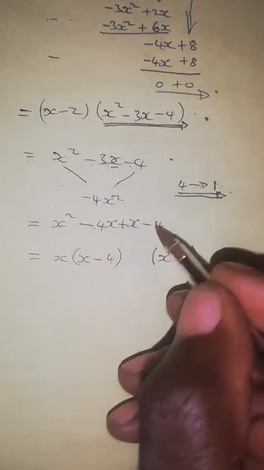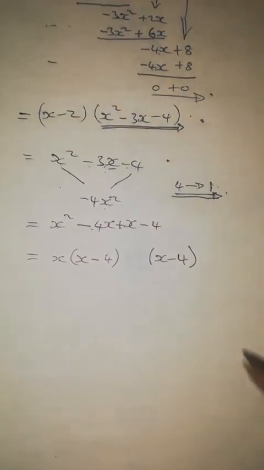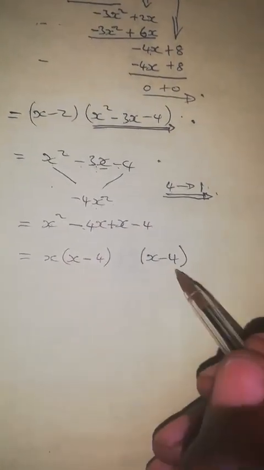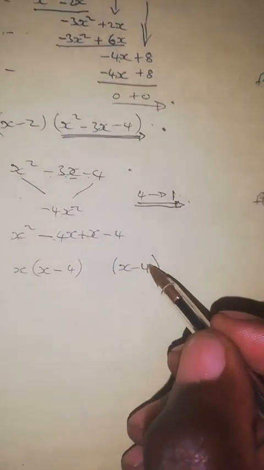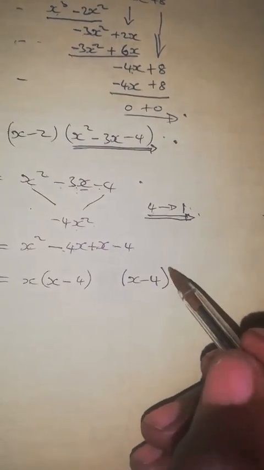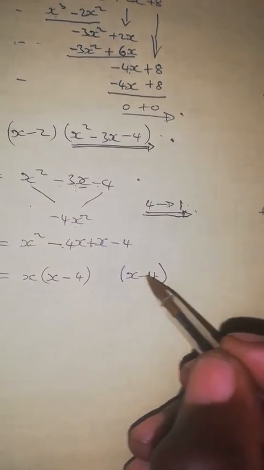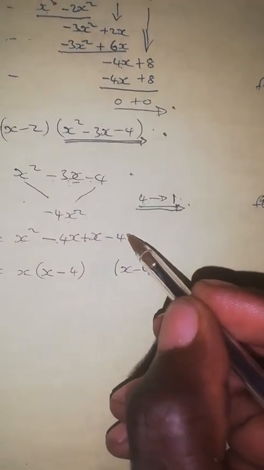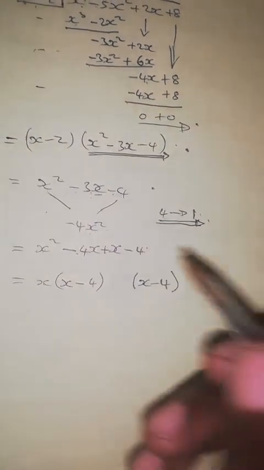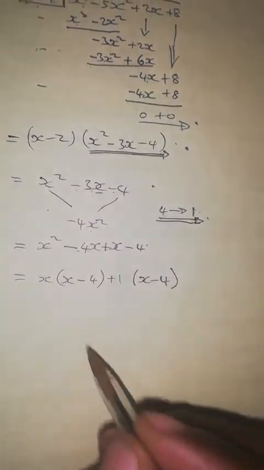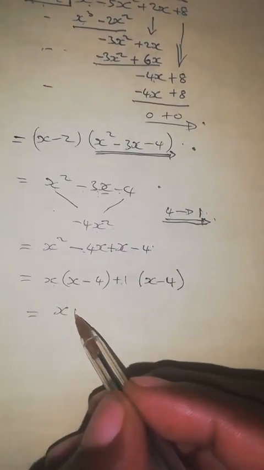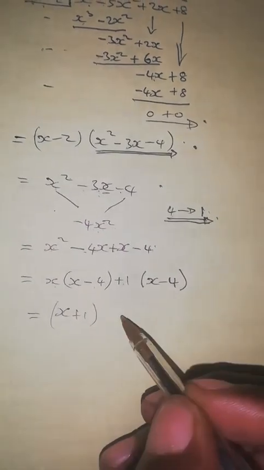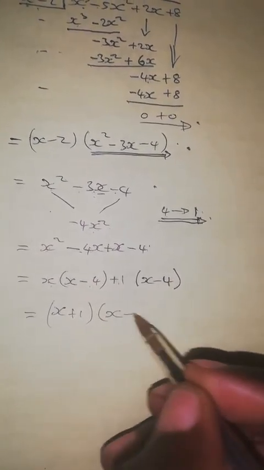It was the answer from when we factorize the second two numbers, it will be the same. Now we divide the coinciding digits. It's either we divide x into x, or we divide minus 4 into minus 4. Therefore, minus 4 into minus 4, it is plus 1, which is equals to x plus 1, and x minus 4, one of the bracket, x minus 4.